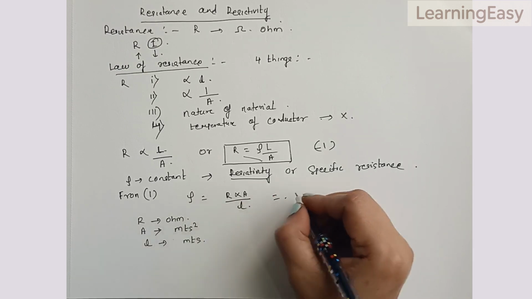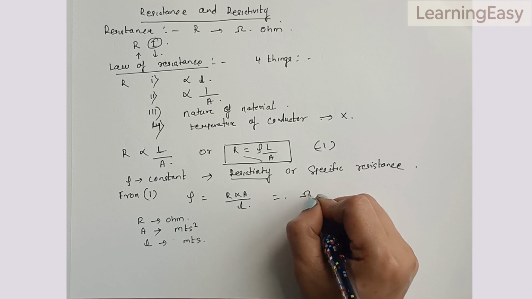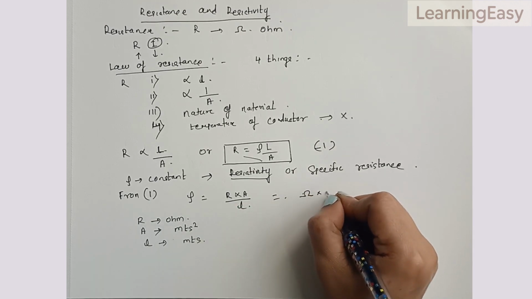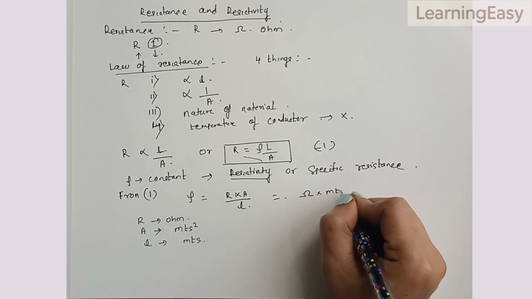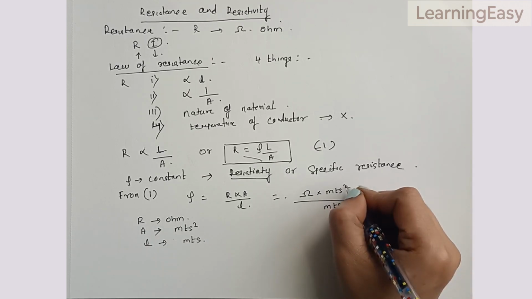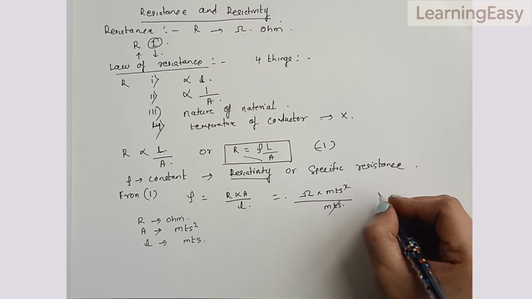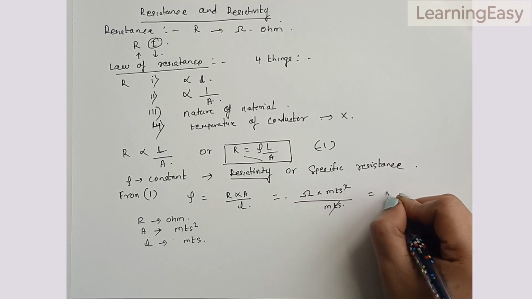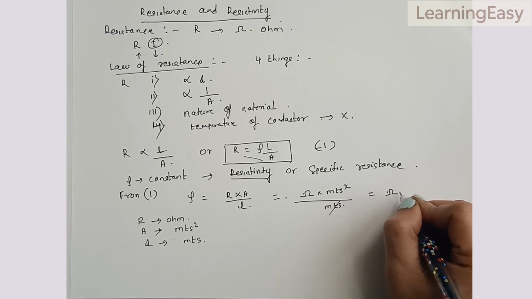So R is in ohm multiplied by cross-sectional area in meter square, divided by length in meter. So this meter got cancelled, and the unit of resistivity will be ohm meter.